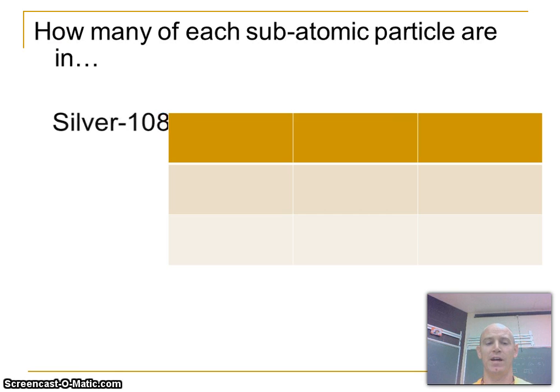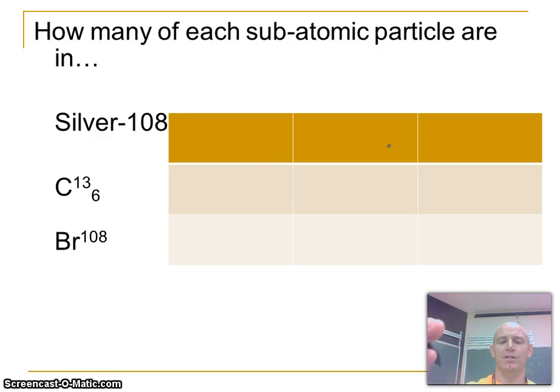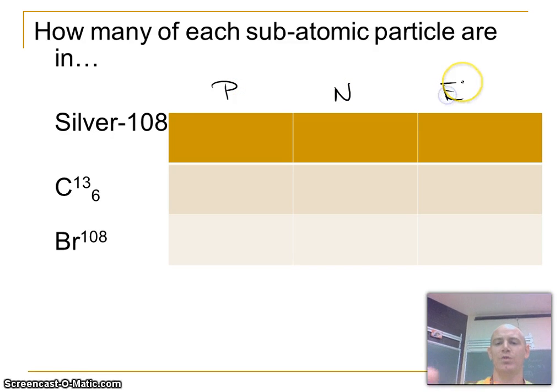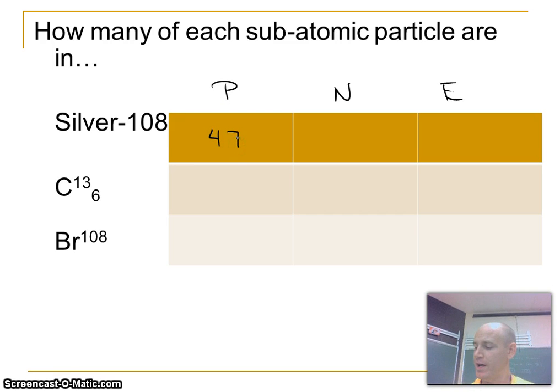So let's try really quickly here. Let's do protons, neutrons, and electrons. And we are going to be using our periodic table. If you have one handy, just go ahead and pull it out. Silver 108. Because it is silver, I know that it is going to have a symbol of Ag, and silver has an atomic number of 47.